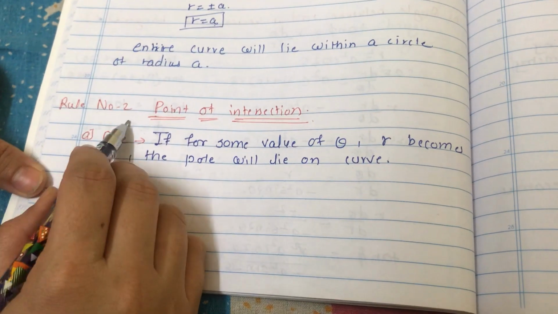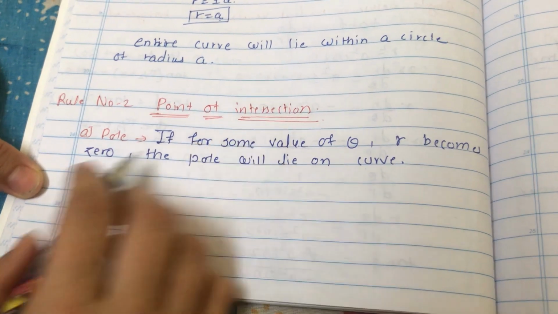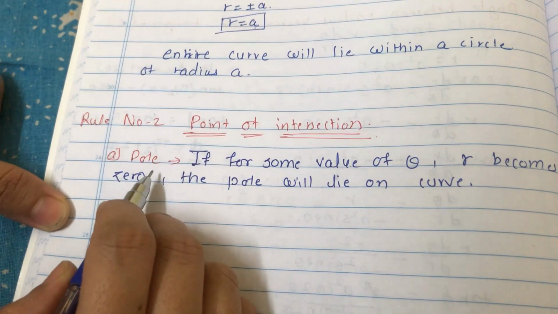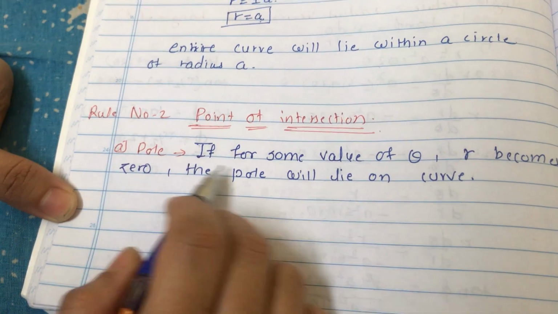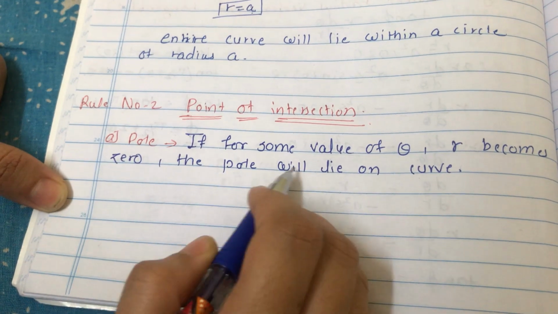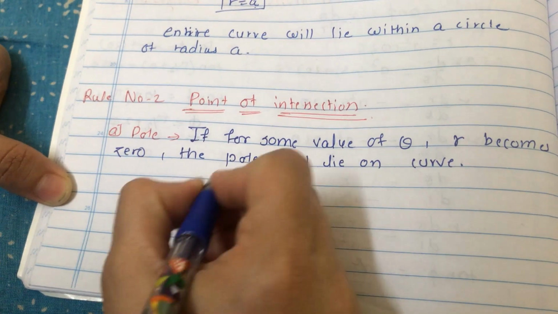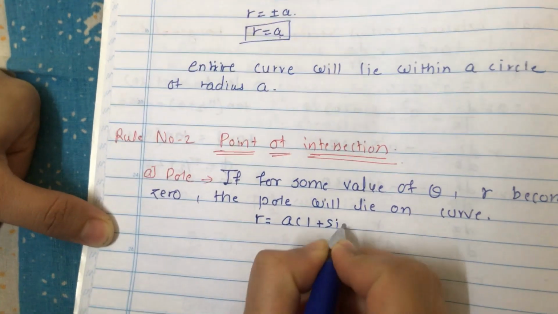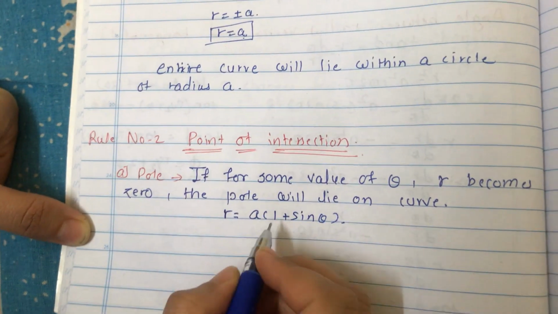The next rule is rule number 2, point of intersection. So we'll first check whether the curve passes through the pole or not. The condition is, for some value of θ, if r becomes 0, then the pole will lie on the curve. So our equation is r is equal to a(1 + sin θ).